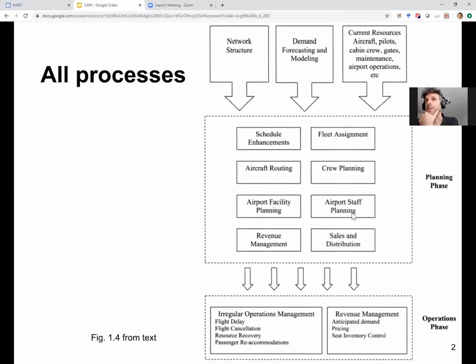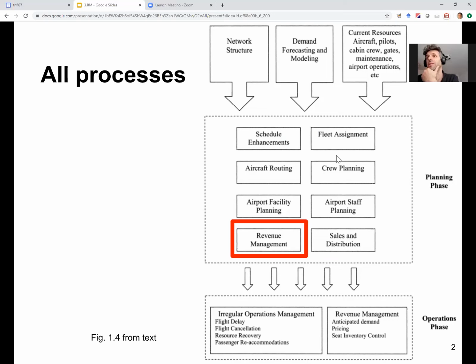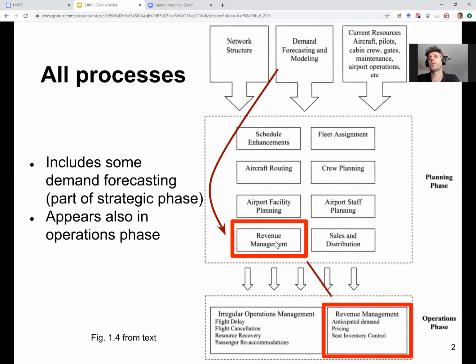In this picture, on top, you have some of the things in the strategic phase of the planning, and then we mostly study things in the tactical phase, which is fleet assignment, and then we'll go through aircraft routing and crew planning. And revenue management sits here in the planning phase, but it has input from the strategic phase, more specifically from demand forecasting and modeling.